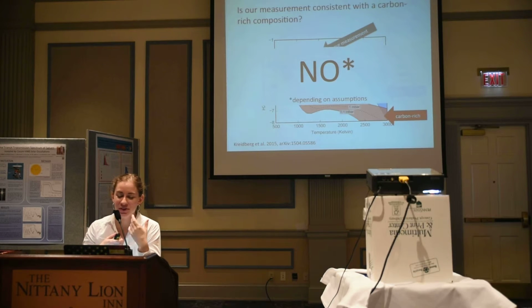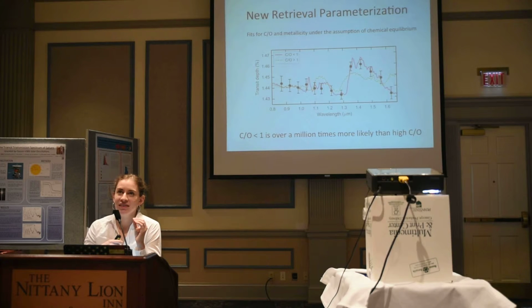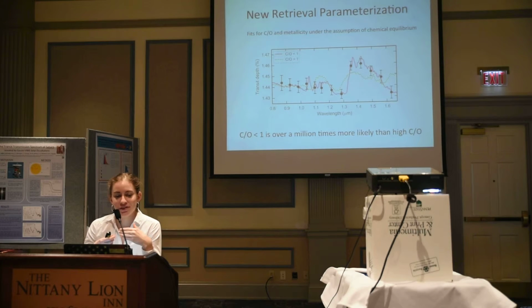So we wanted to explore this further, and we developed a new retrieval technique. In a traditional retrieval, your inputs are molecular abundances and temperature and pressure, and you explore what range of those values gives you a good fit to the data. And we developed a new model that instead will fit for the C to O ratio directly, as well as the atmospheric metallicity.